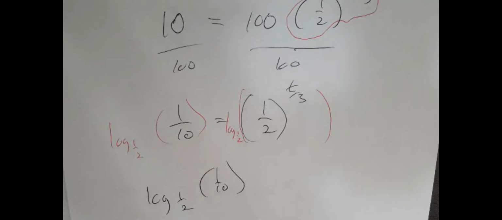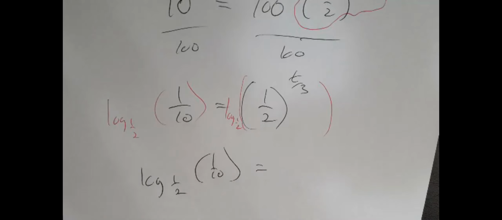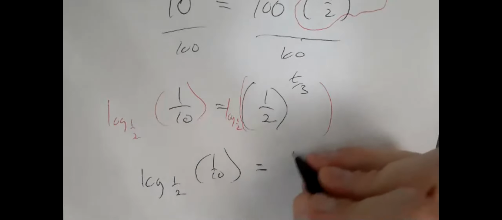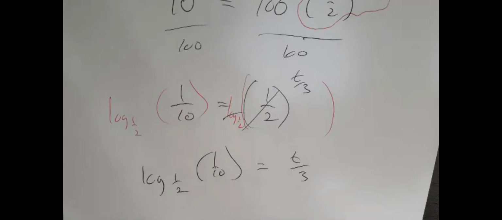But we have a calculator, so hopefully it's not too bad. We can do it in a calculator. This thing is giving me what over here? T divided by 3. Yeah, and it's all kind of crammed in here. But these two things should be inversing themselves, so I should be left with that t divided by 3.